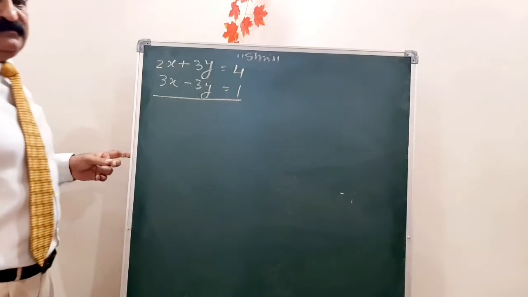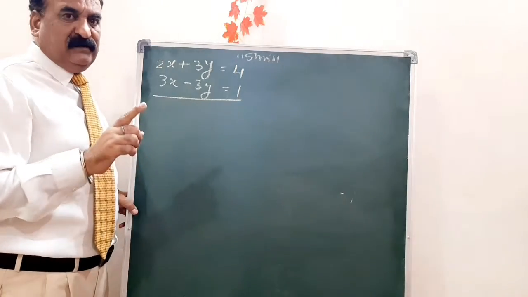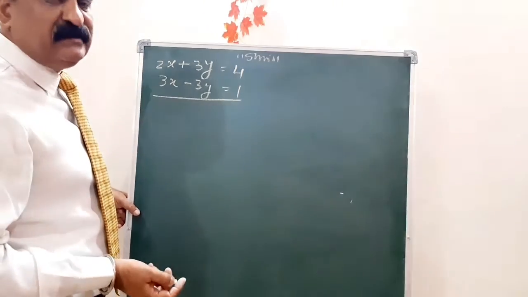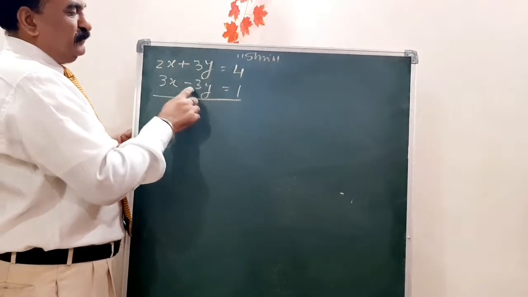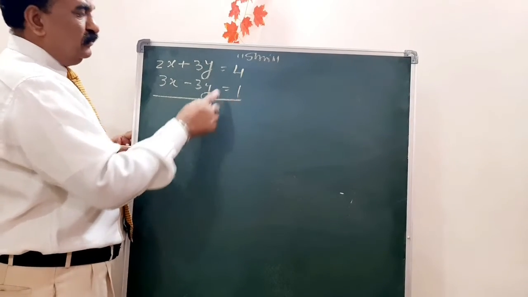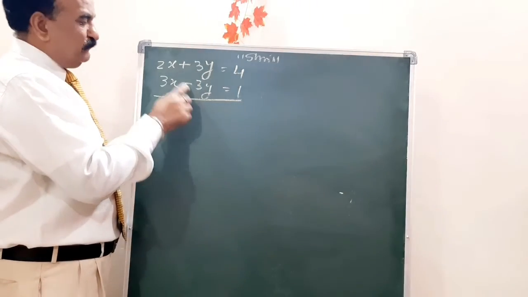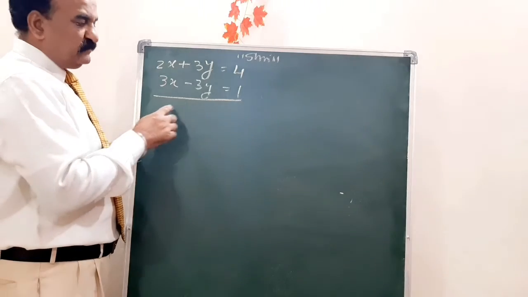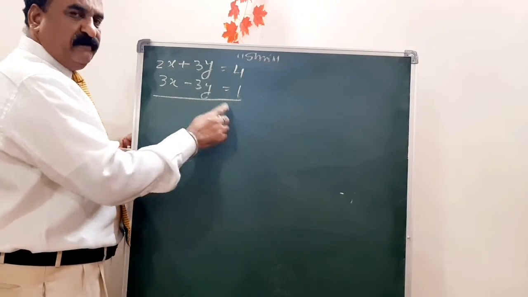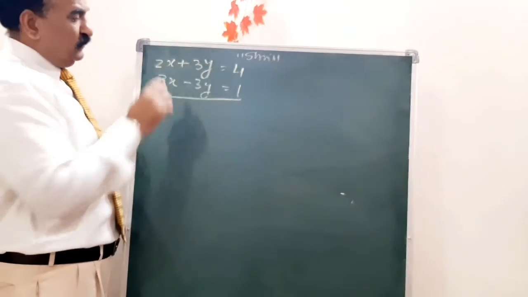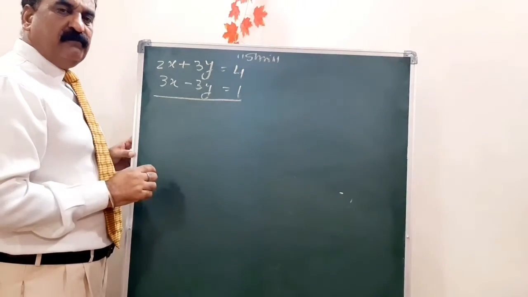These are the two equations, and now you have to solve by the substitution method. Let me brush up the elimination method also. 2x plus 3y equal to 4, 3x minus 3y equal to 1. Adding, plus 3y and minus 3y will get cancelled, 2x plus 3x means 5x. 5x is equal to 4 plus 1, 5. x is equal to 5 by 5, means x equal to 1.